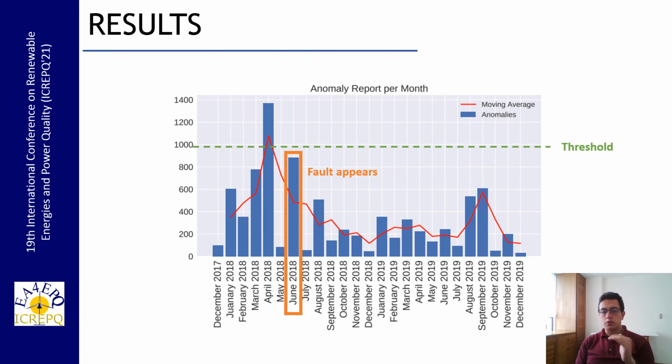That is the reason we established this threshold at around 1,000 samples classified as anomaly per month. And you can see here that in April of 2018, the alarm is triggered because the anomaly reports are bigger than the threshold.